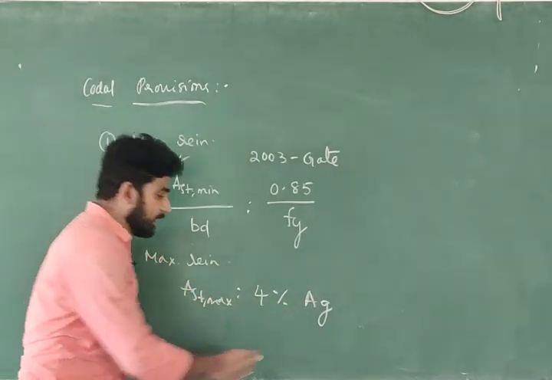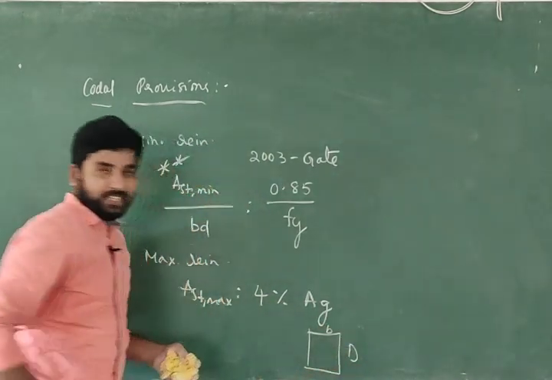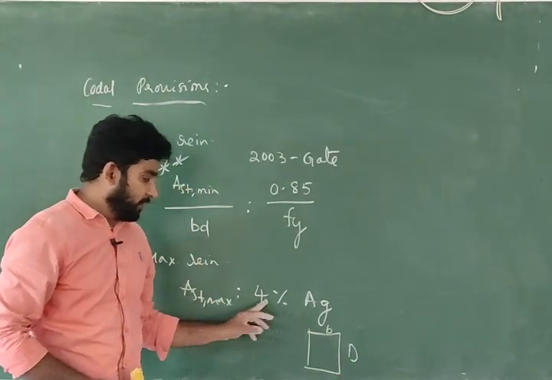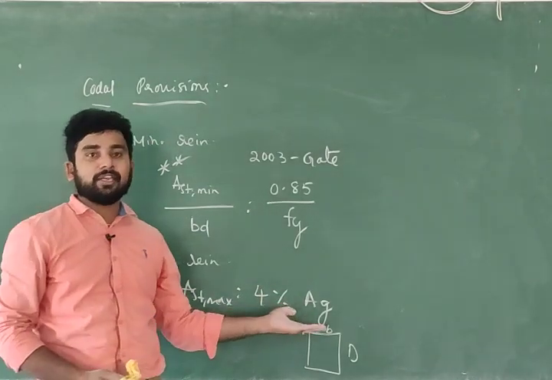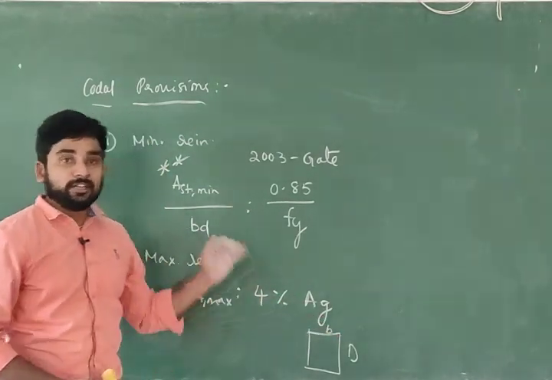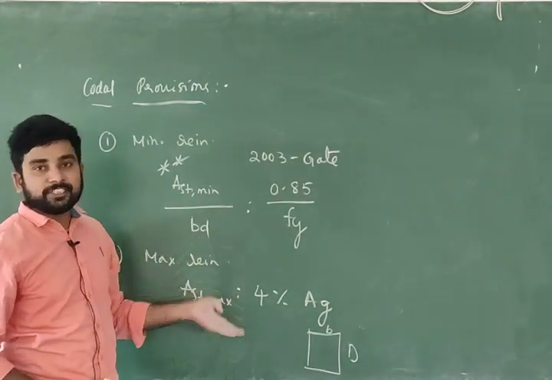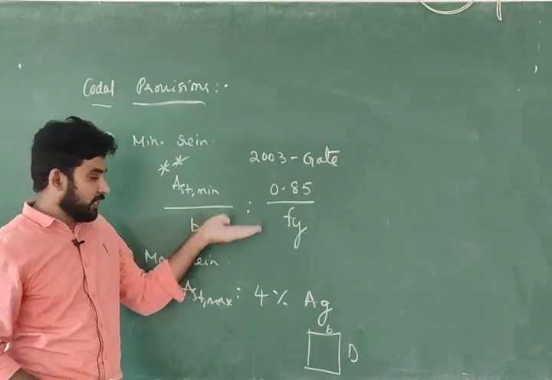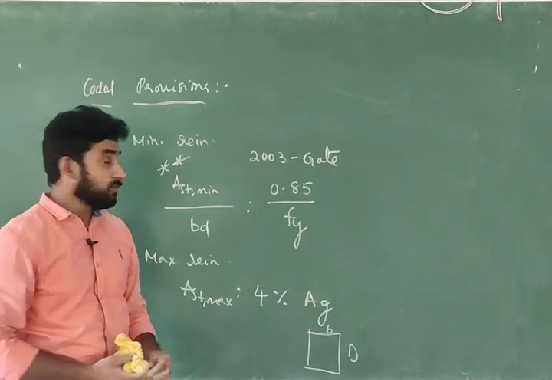Gross cross-sectional area is nothing but b into capital D. You calculate b into D, multiply by 4 divided by 100, and then you get the maximum area of steel you should provide. Your value should be within these two limits. In every problem, after getting the area of steel, you have to cross-check whether it is more than the minimum and less than the maximum.